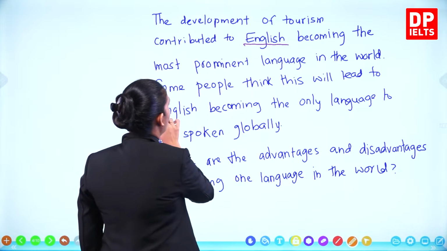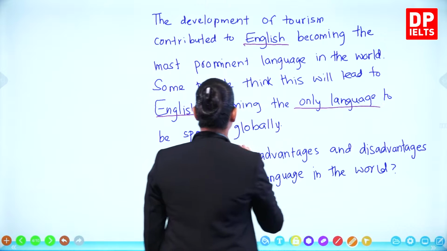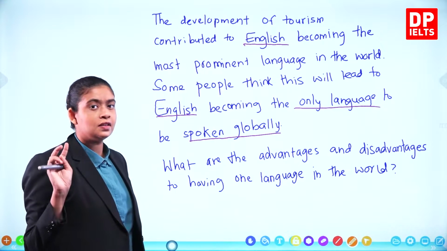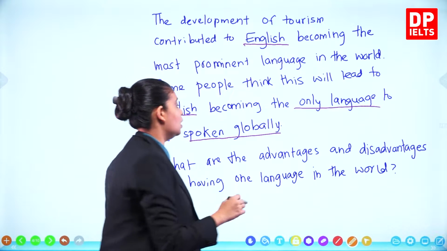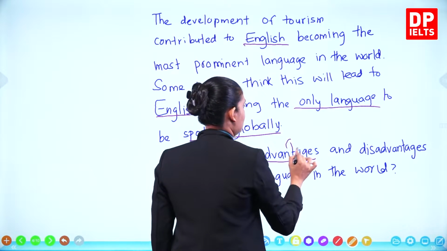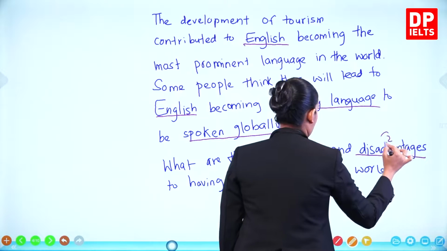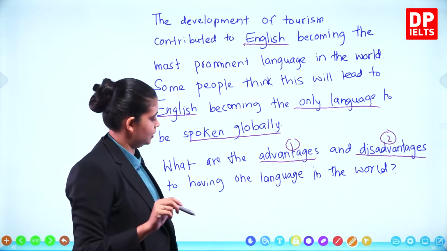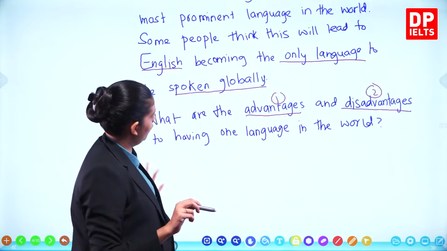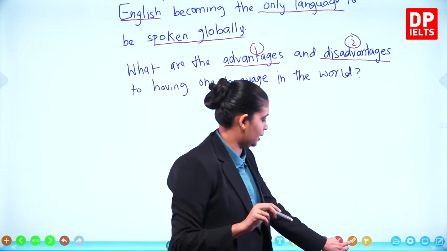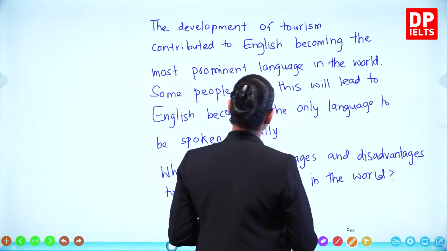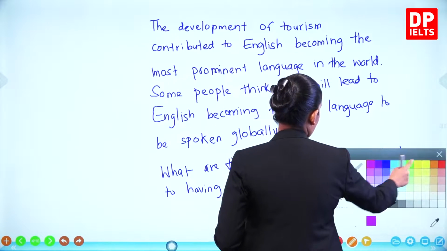English being the only language to be spoken globally, right? So, they're asking you two things. They're asking you what are the advantages and disadvantages to having one language in the world, okay? Now, before you start writing, it's nice to have your little map drawn. So let us analyze the question, okay?